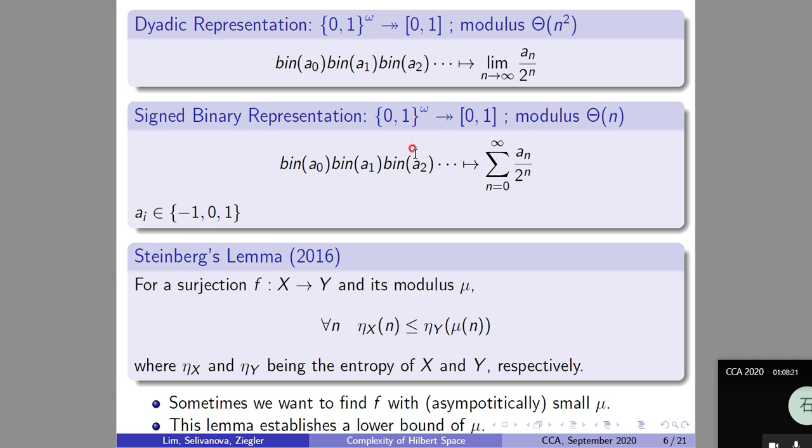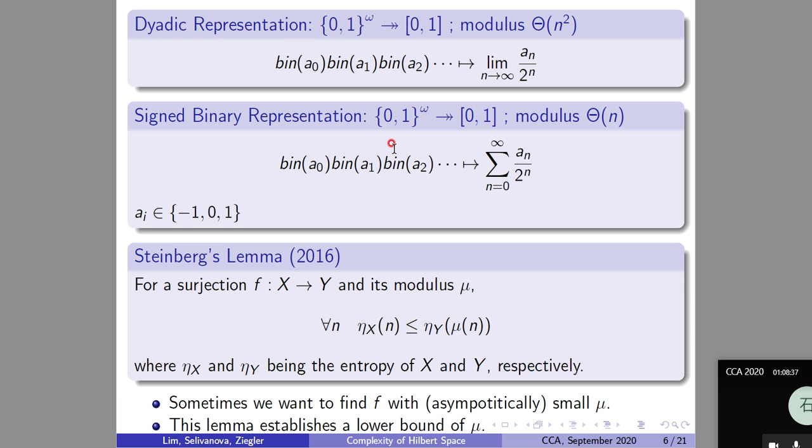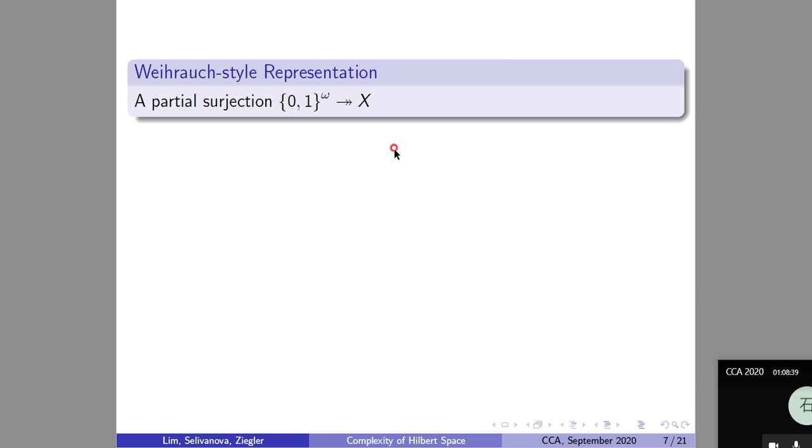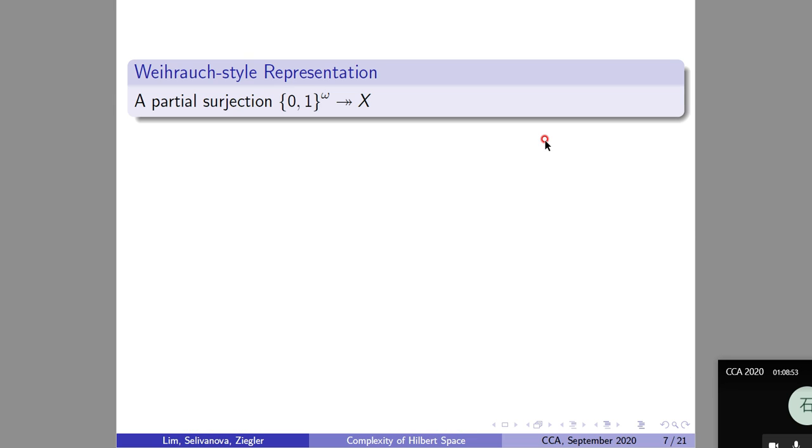So because of Steinberg's lemma, the signed binary representation is actually optimal in terms of the asymptotic growth of its modulus of continuity. And here we want to do something similar. This is a representation from the Cantor space to the unit interval, but we want to establish some optimality for other representations.